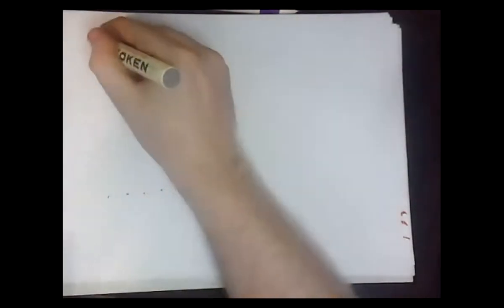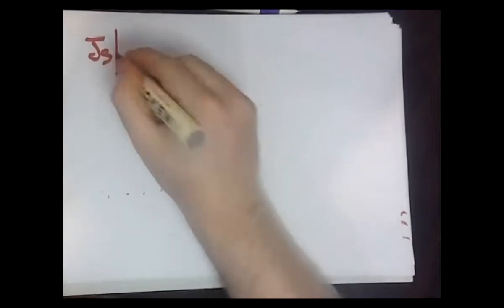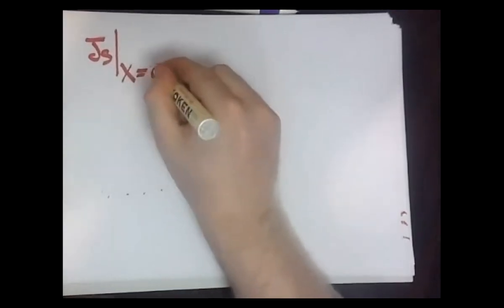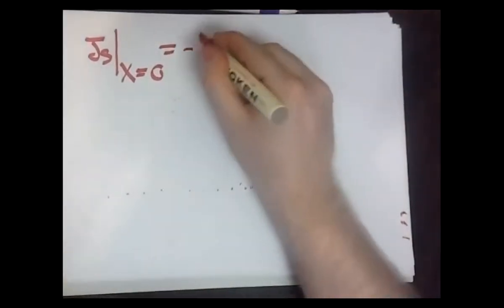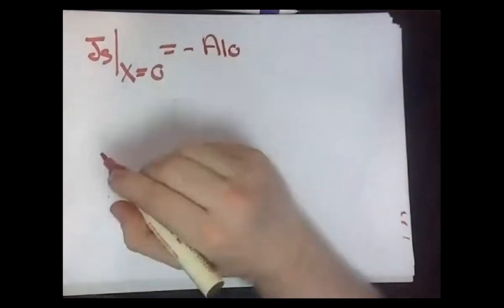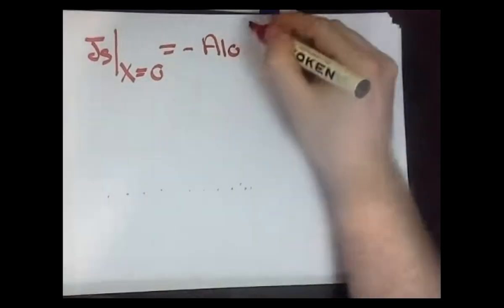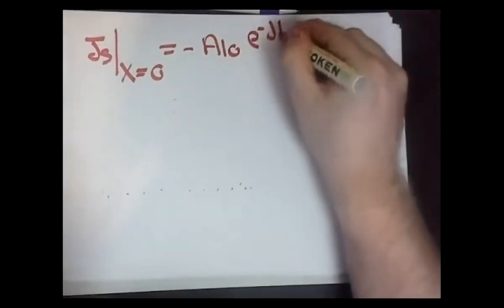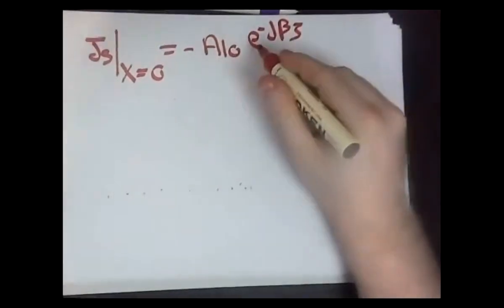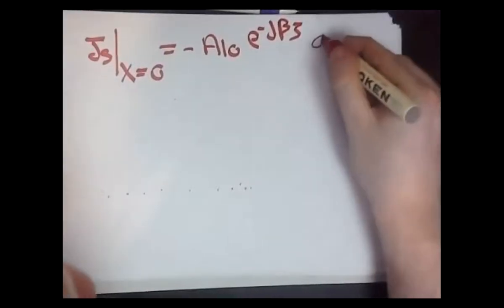Now we have our function, so let's first write it: J at x equals 0 equals negative A10 e to the power minus j beta z in the ay direction.